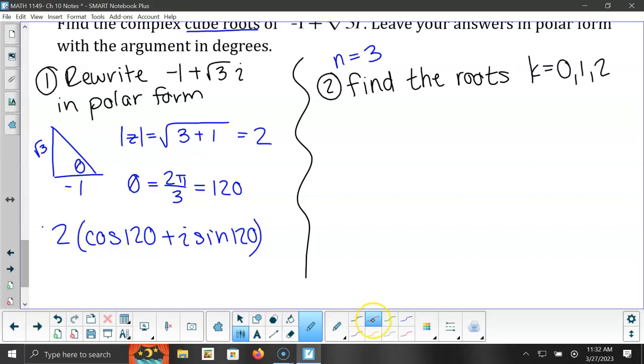Alright, so I'm going to go through and I'm going to do k equals 0 first, and then we're going to do k equals 1 and k equals 2. So your first step on this is cube root of your radius, which is 2. Leave it alone.